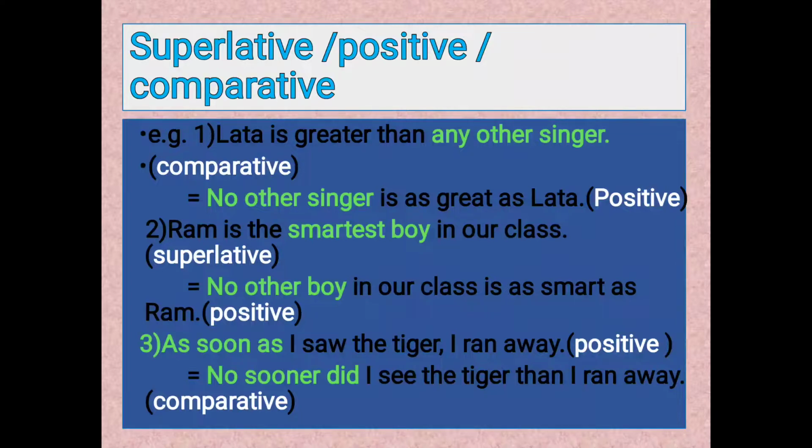Then the "as soon as" type of construction: as soon as I saw the tiger, I ran away. So "as soon as" becomes "no sooner." No sooner did I see the tiger than I ran away. So it becomes a comparative as well as negative sentence. In this way you can change affirmative or negative sentences if they occur in superlative, positive or comparative degree.